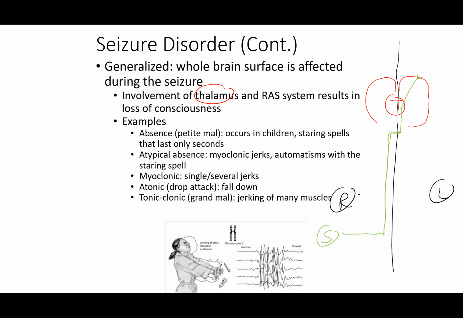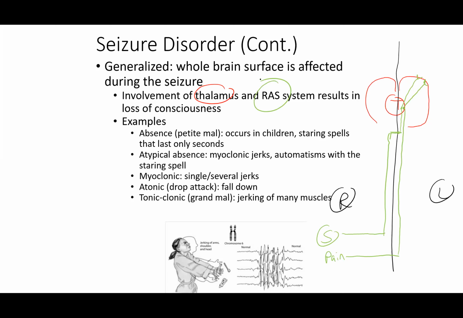But if it's pain and temperature, it comes in, crosses over at the level of the cord. So now we're on the contralateral side. It still has to go through the thalamus to get to the appropriate part of the brain. So sometimes the thalamus is involved, also the reticular activating system.